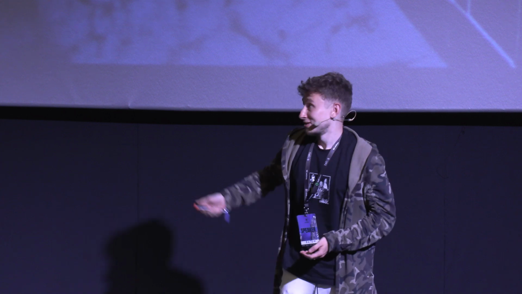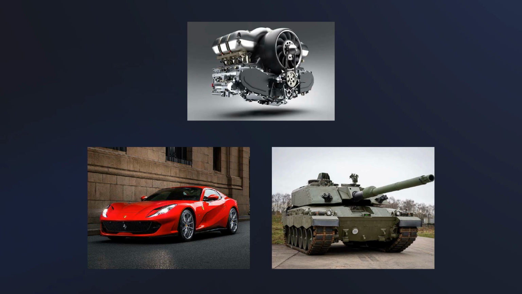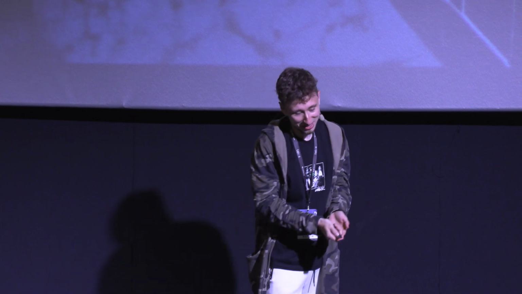So the first thing is pretty simple. You have a technology and you have many ways to use it. As you have a combustion engine, you can build a Ferrari out of it. It's very fast, it's very efficient in some sense, and then you can build a tank, which is very secure. A tank would be like Bitcoin, and a Ferrari would be some game or something like this.